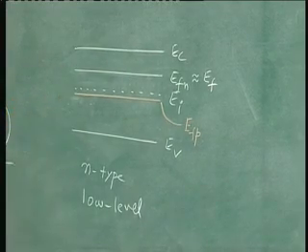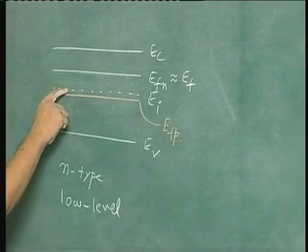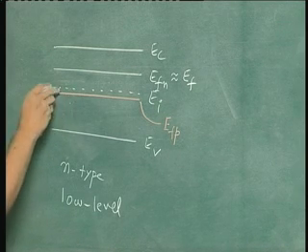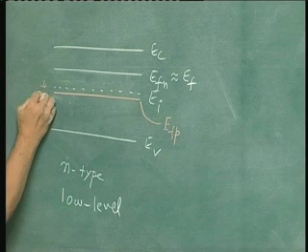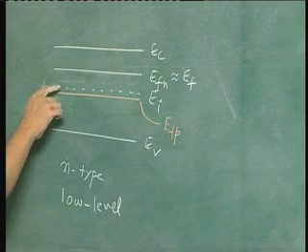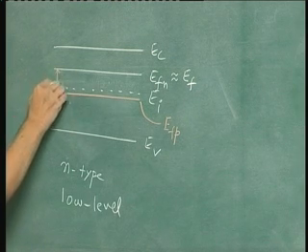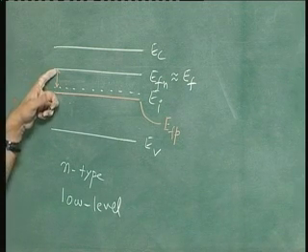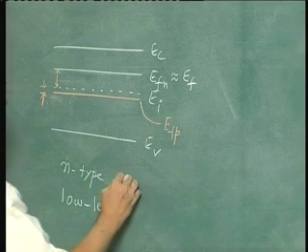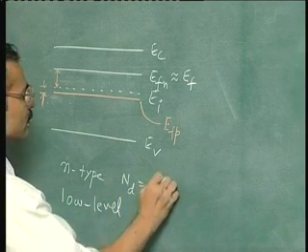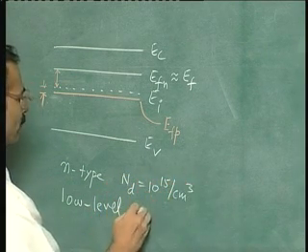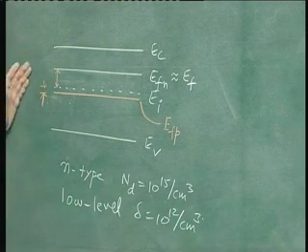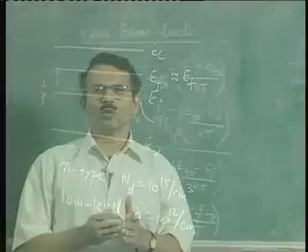Further, EFp minus EI will be less than EFn minus EI, because this deviation represents 10 power 12, while this deviation from EI represents 10 power 15. We are assuming an n-type semiconductor with doping 10 power 15. So for low level, delta is equal to 10 power 12. This is the picture. The Fermi level splits into two quasi-Fermi levels.